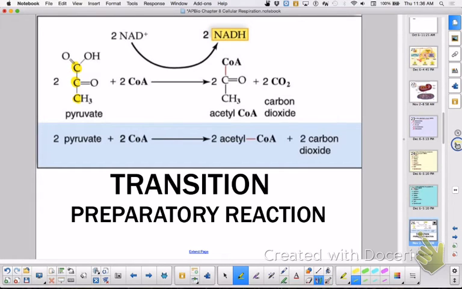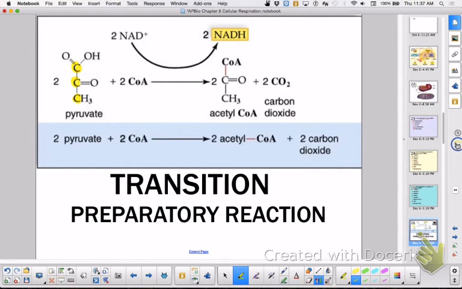Through the process of transition prep, we're going to take this pyruvate and this coenzyme, and he is going to be the one that escorts it into the mitochondria. So there's 3 carbons all hooked together. He says, I'll escort you in, but you got to ditch one of those. So you get 1 carbon that's ditched. He goes, okay, let's go on into the mitochondria.